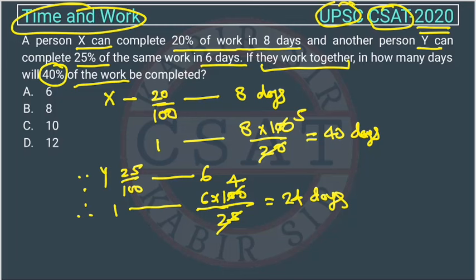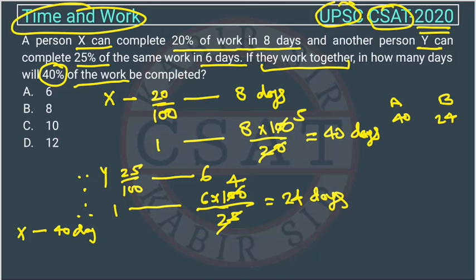right? So now X is taking 40 days to complete the work and Y is taking 24 days. If they both work together, then in how many days will 40% of the work be completed, right? There is one method we have learned in school that you can compute. If X is completing the work in 40 days, right?